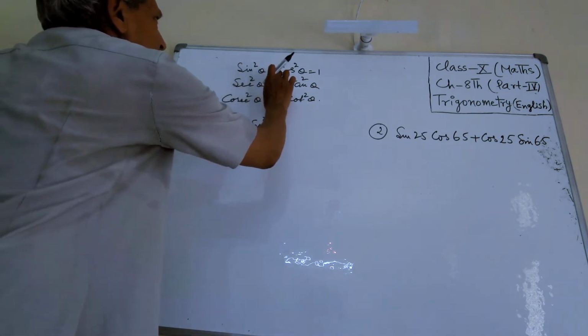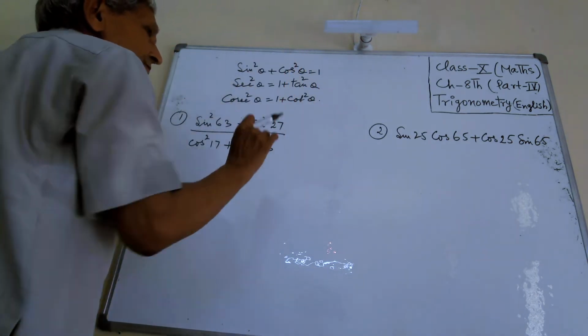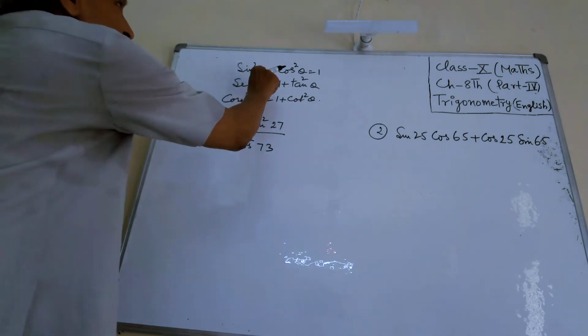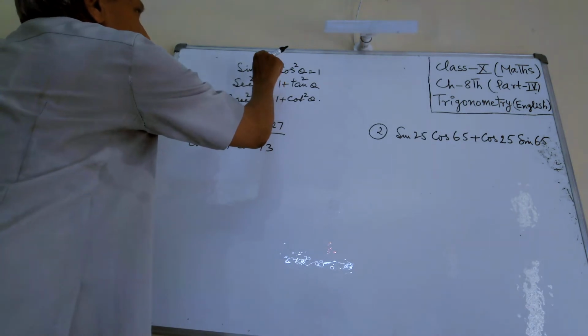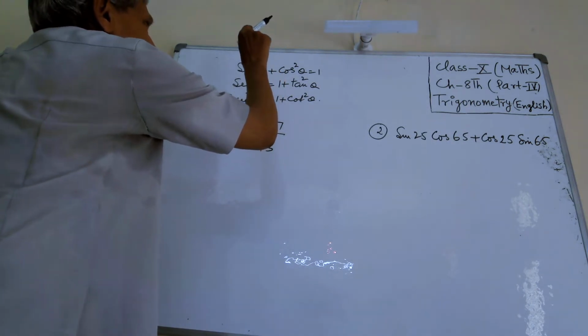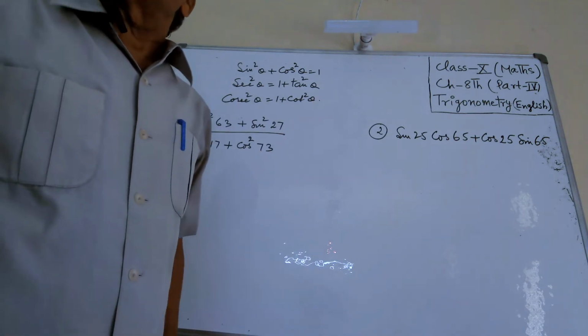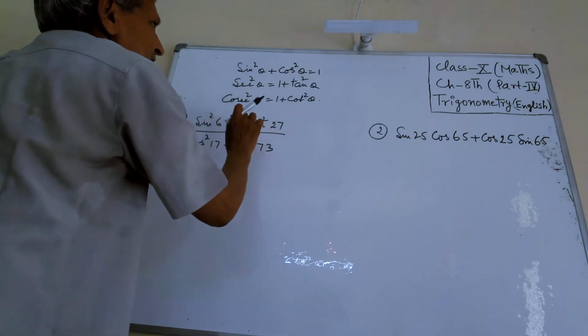Sin square theta plus cos square theta is 1. I have told you in previous parts, this identity is very important. This identity will be applied in so many questions in trigonometry. So sec square theta is equal to 1 plus tan square theta.